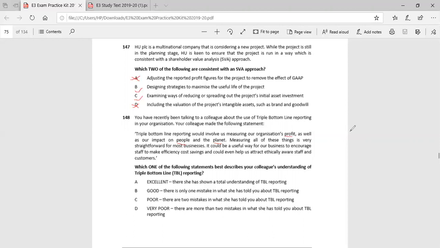Measuring all of these things is very straightforward for most businesses. It could be a useful way for our business to encourage staff to make efficiency and cost savings, and could even help us attract ethically aware staff and customers. Which one of the following statements best describes your colleague's understanding of triple bottom line reporting? So you're asked to explain what triple bottom line reporting is.